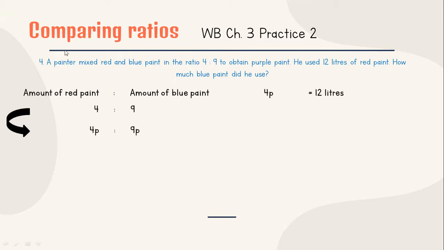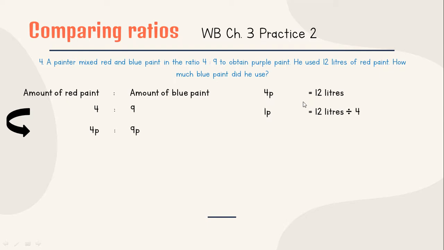Now, another algebra. Don't forget. And now we know that 4p equals 12 liters for red paint, or 4 units. If we draw the model, it will be 4 units. But because I do not draw the model, I will just put another algebra there. 4p equals 12.